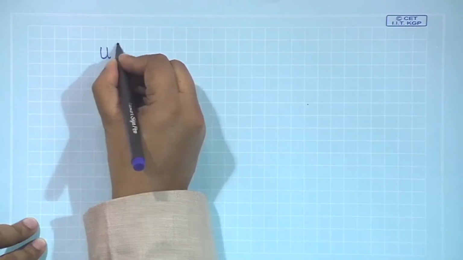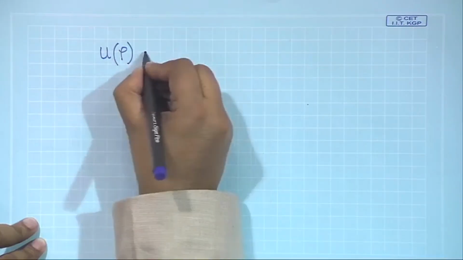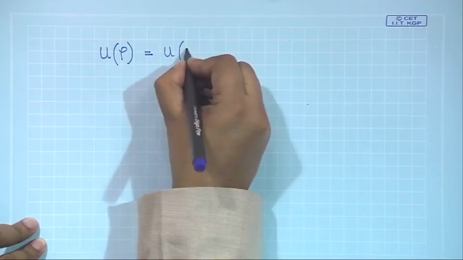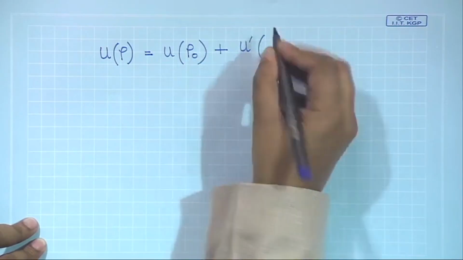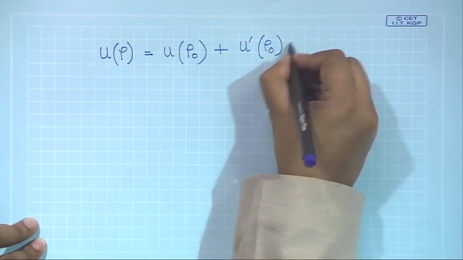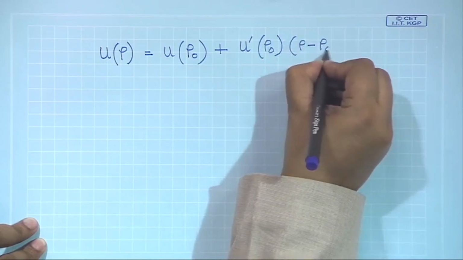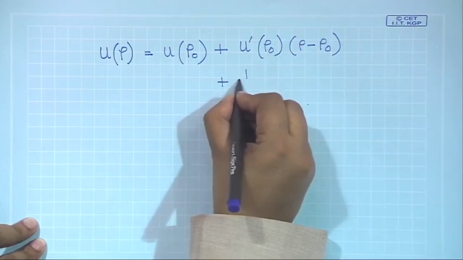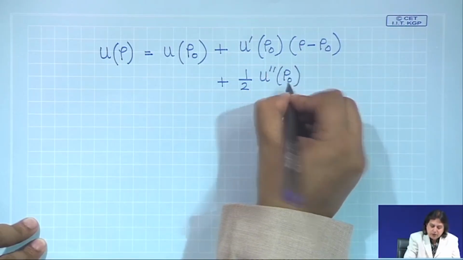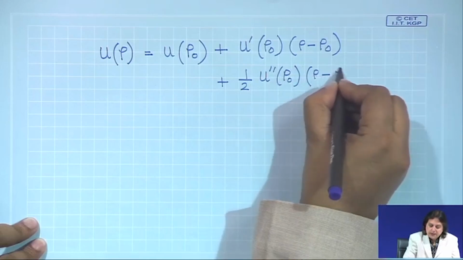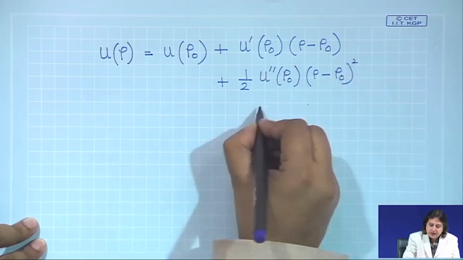If that is so, then I can write down, using Taylor expansion, u of rho equal to u of rho naught plus u prime evaluated at rho naught into rho minus rho naught, plus half u double prime evaluated at rho naught into rho minus rho naught whole square, and so forth.